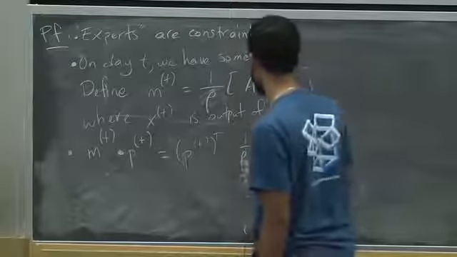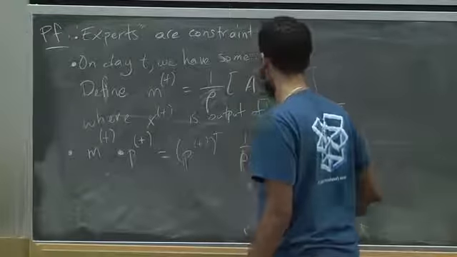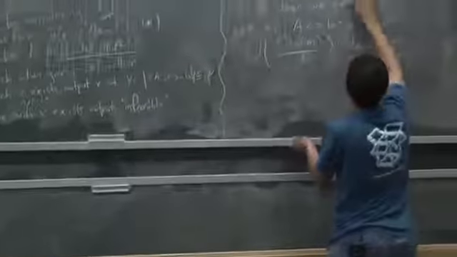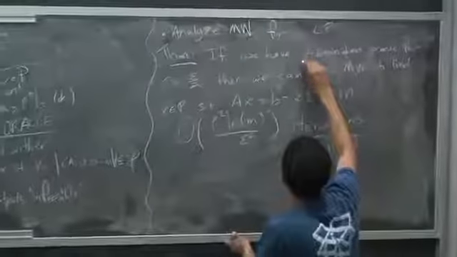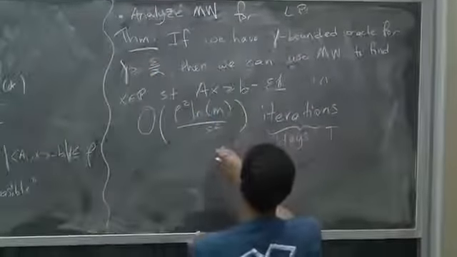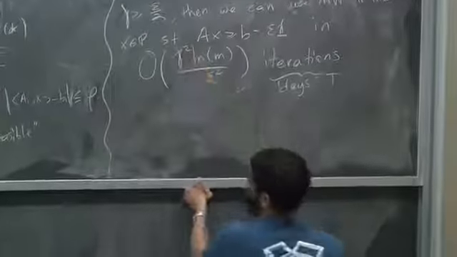Sorry, this rho looks like a p, doesn't it? I really don't like that. I should have noticed that this might happen. Let me call this gamma instead.